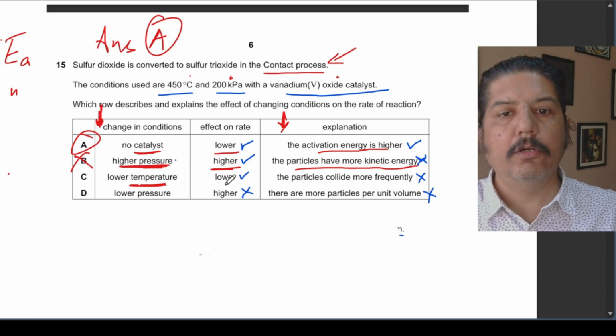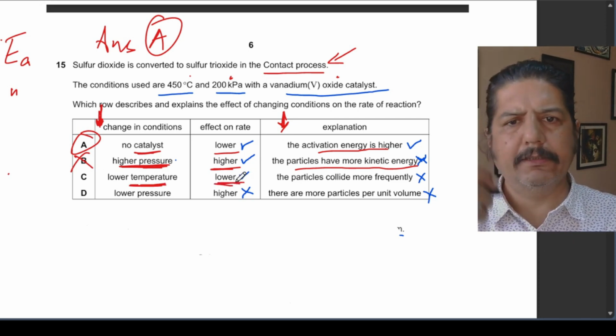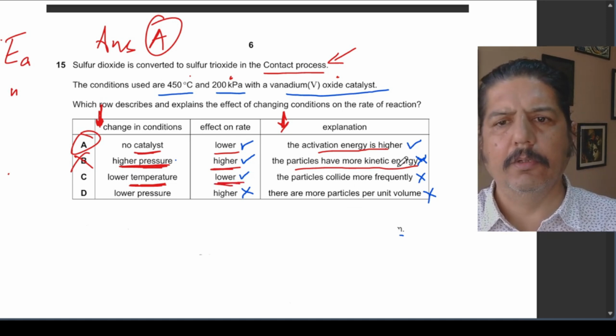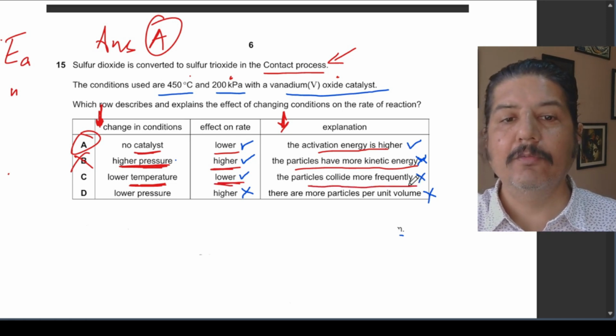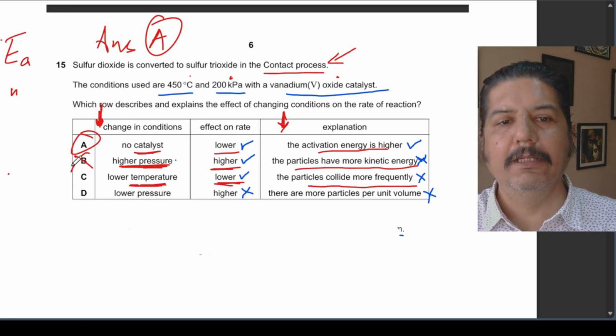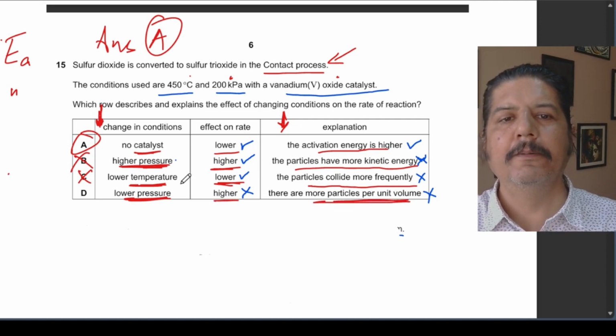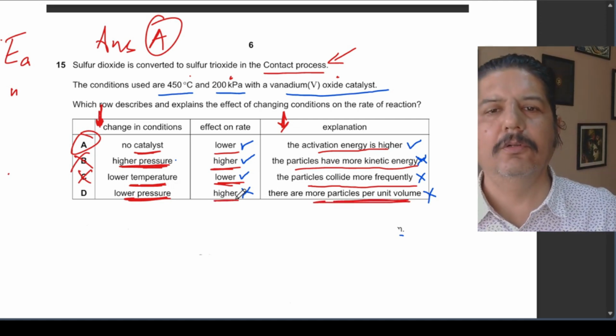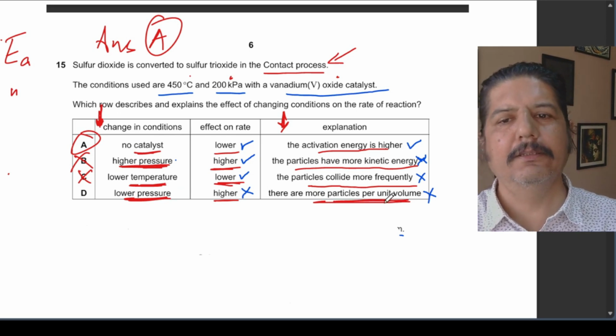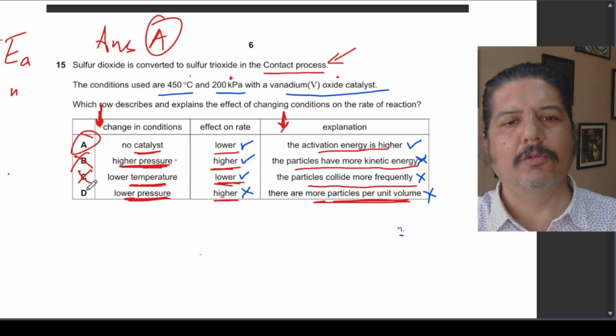Okay, the rate of reaction will lower. But again, the particles will collide more frequently. That won't happen. Lower pressure, effect on rate: no, it won't be higher, it will be lower. There are more particles per unit volume. Here, the effect on rate is wrong, and the explanation is also wrong.